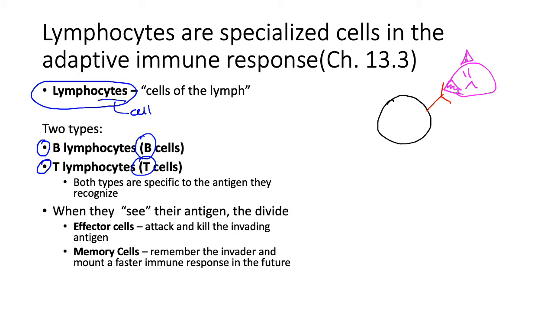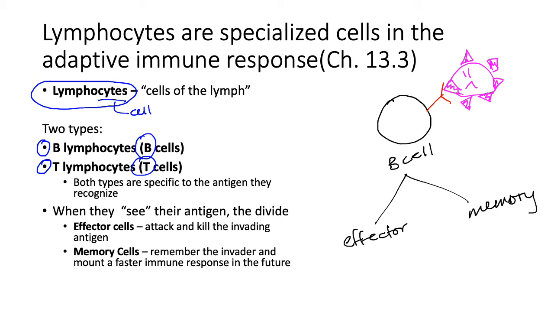Because it's trying to make us sick. It has these triangular-shaped antigens on its surface, and our B cell recognizes that we have a foreign invader. So this cell is going to divide into two populations. It'll divide into effector cells and memory cells.